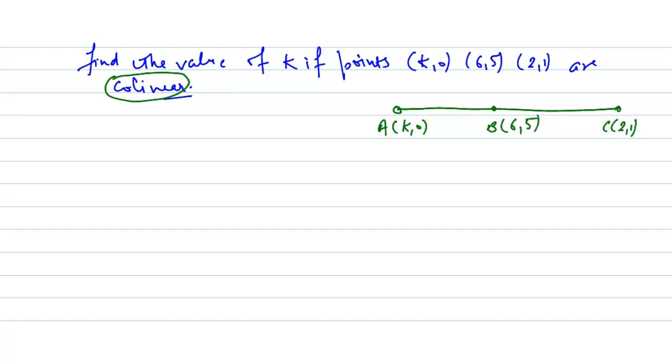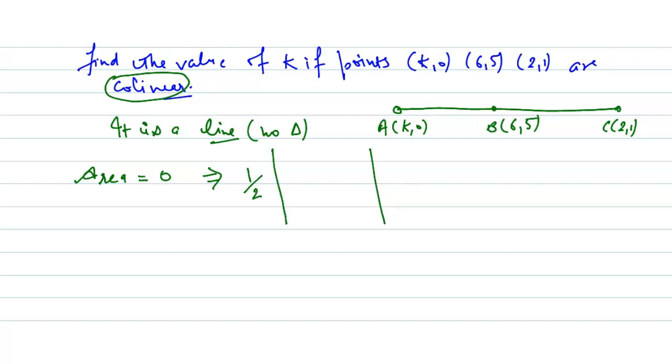As we see here, it is a straight line, a line here, no triangle. If there is no triangle, it means no coverage of area. It means in case of collinear points, the area should be 0. So, in case of collinear points, we have to use area equal to 0, with the area method 1 by 2.